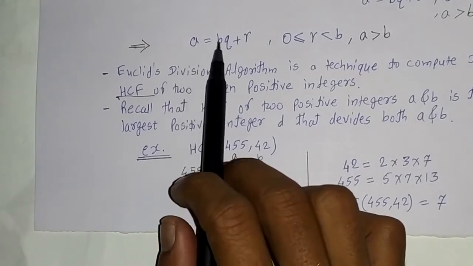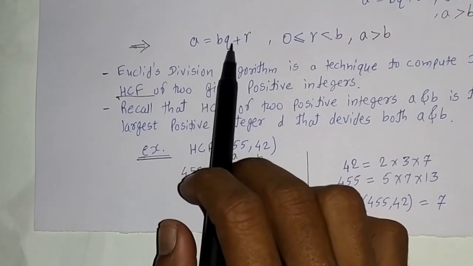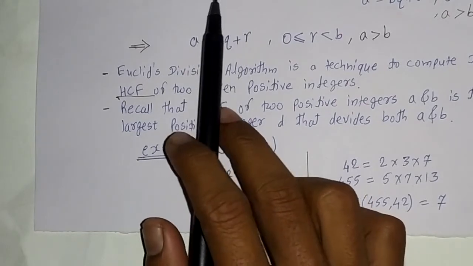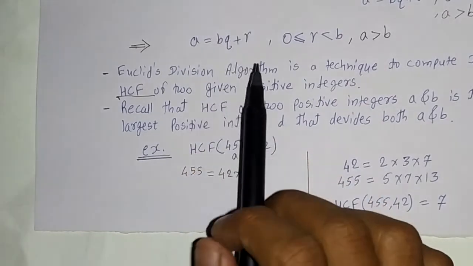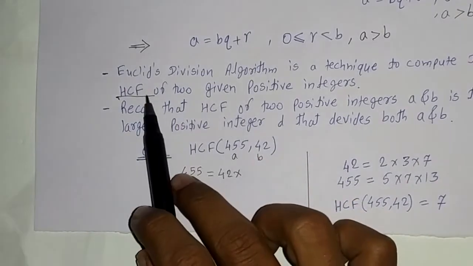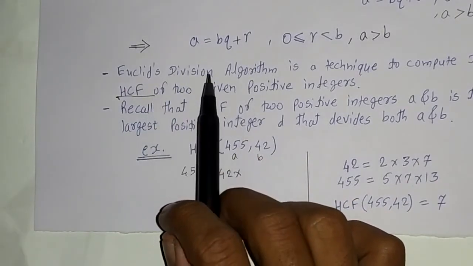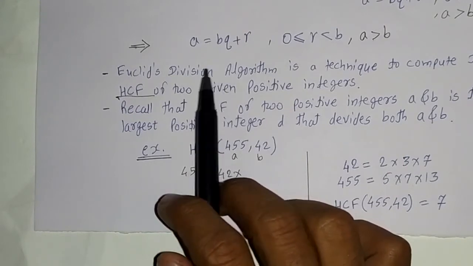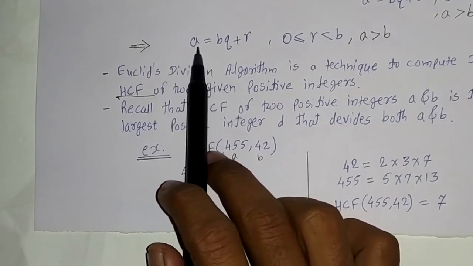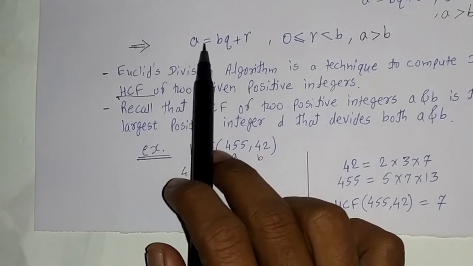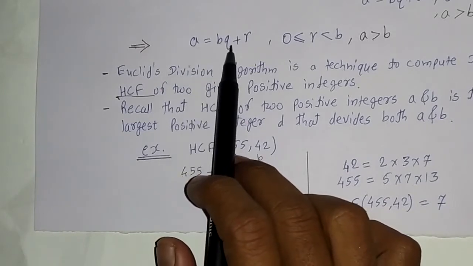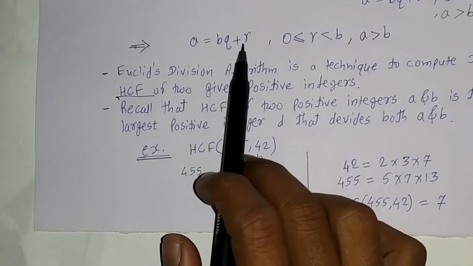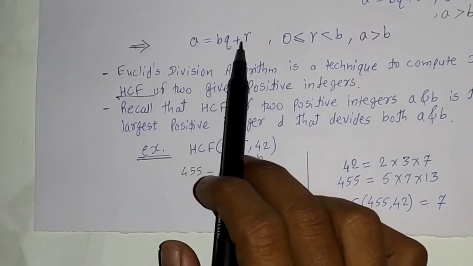Dividend equal to divisor into quotient plus remainder. Euclid's division lemma is used to find HCF by using the concept of dividend and divisor. So in this theorem, A will be the dividend, B will be the divisor, Q will be the quotient, and R will be the remainder.